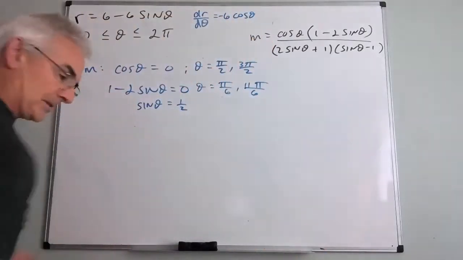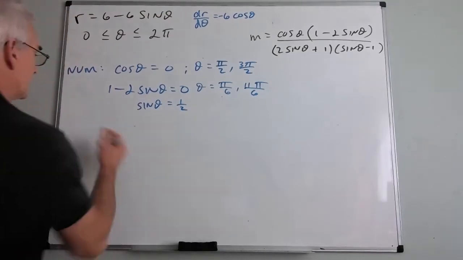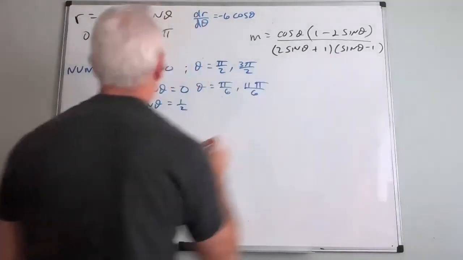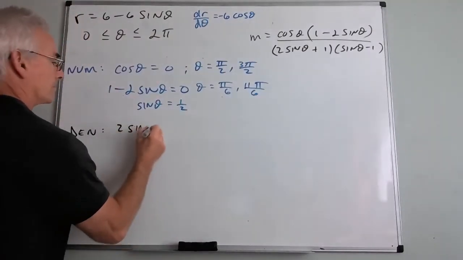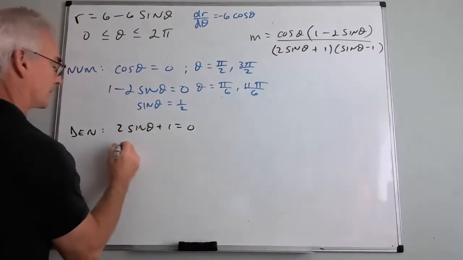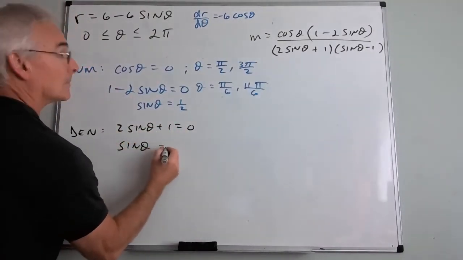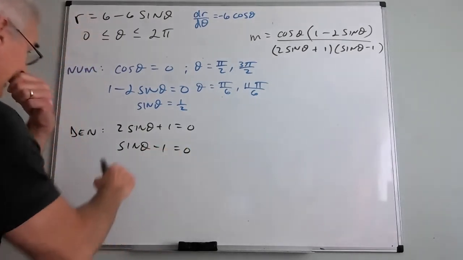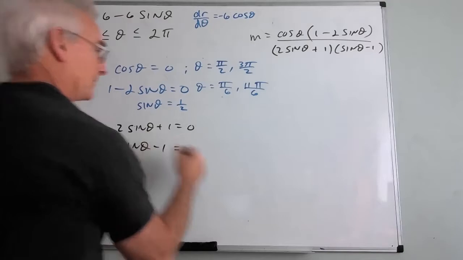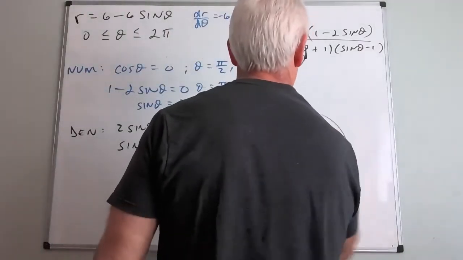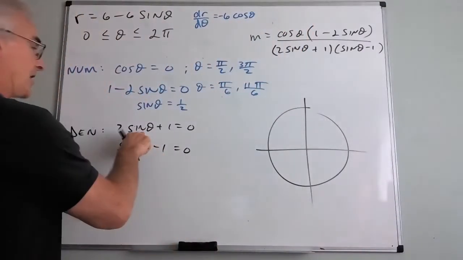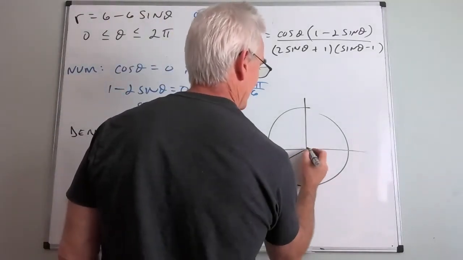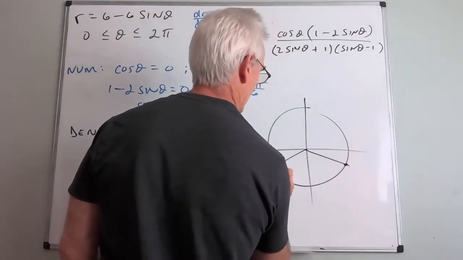Now let's look at the denominator. We'll do that in black. So I need that quantity and the other quantity, sine theta minus 1. Well, in the first case, if 2 sine theta plus 1 is 0, that means that sine theta is negative a half. So sine theta will be negative a half here and here.